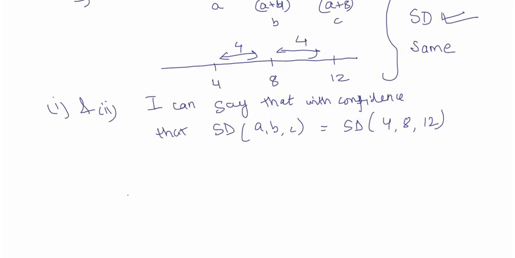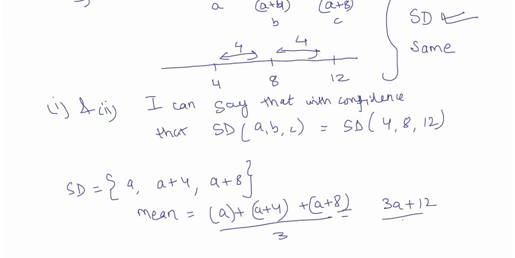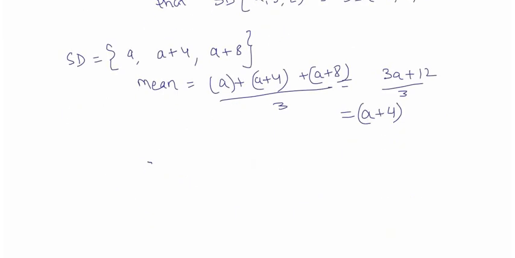Anyway, if you actually want to calculate the standard deviation for a, a plus 4 and a plus 8, we can do that as well, and we will find that it is the same. So let's calculate the mean here. Mean is nothing but a plus 4 plus a plus 8 plus a, divided by 3, which is 3a plus 12 divided by 3, which is nothing but a plus 4. Okay, and what is variance?